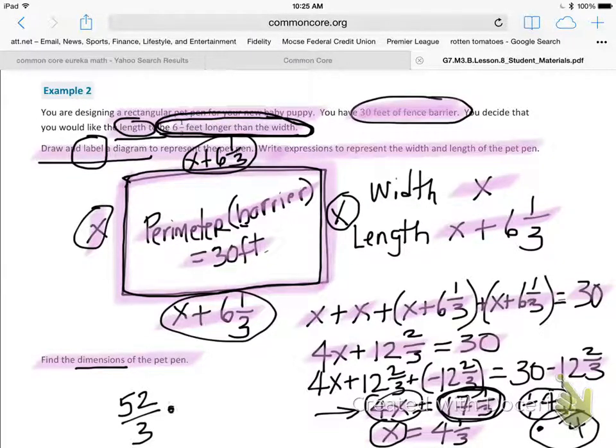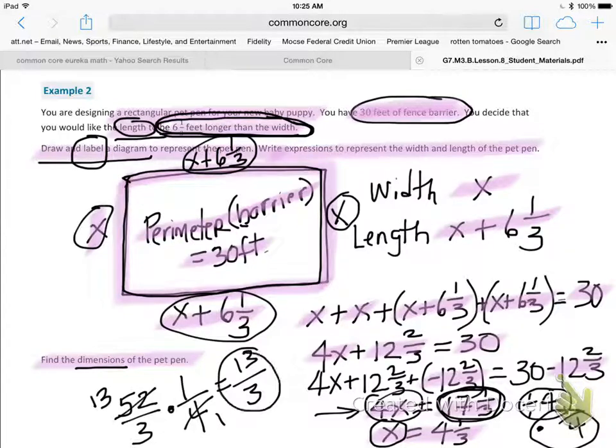Now, instead of dividing by 4, I could multiply by the reciprocal, which is much easier. If I did this division, or my cross cancellation, 52 divided by 4 is 13. Then I multiply across. 13 times 1 is 13. 3 times 1 is 3. And then I can easily change that 13 thirds into 4 wholes and 1/3 left over. So 4 and 1/3. That's how you'd go about doing that.